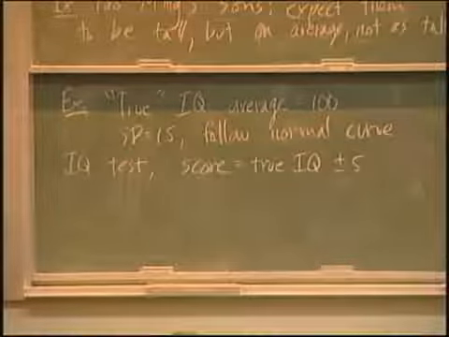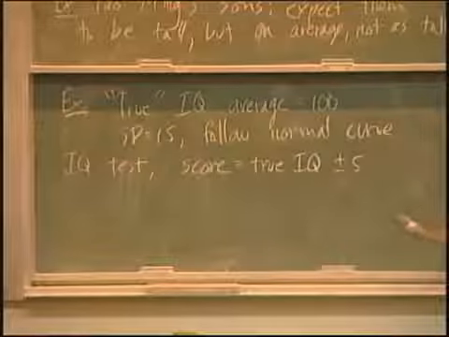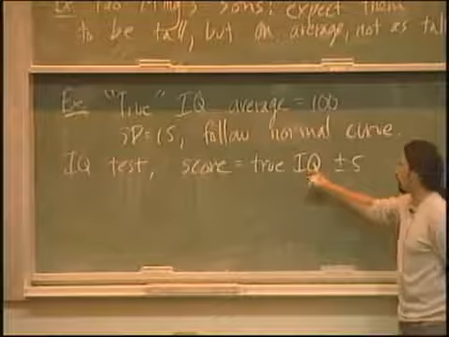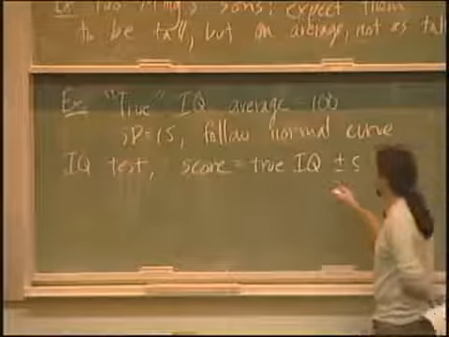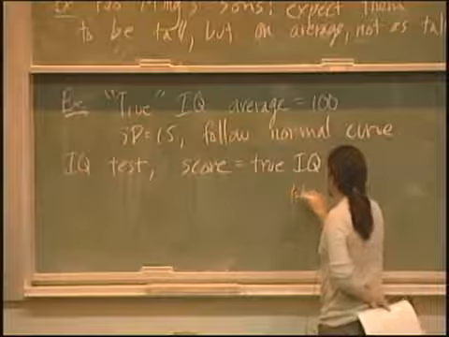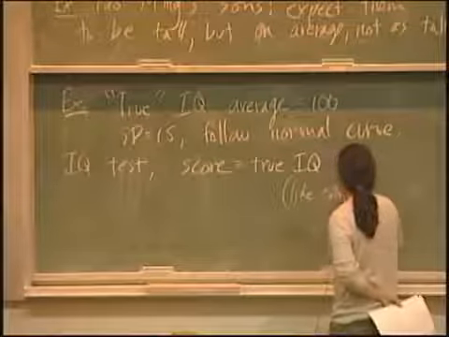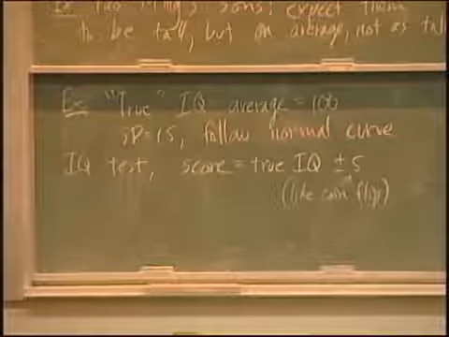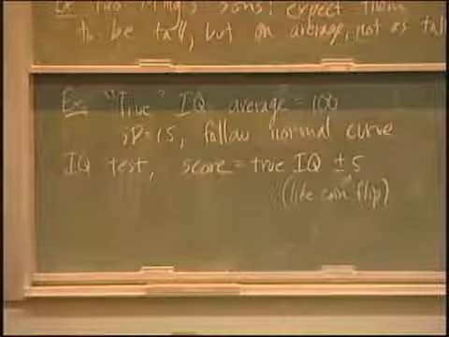But whatever your true IQ is, your score on the test is exactly your true IQ plus or minus 5 points. You can think about this as a coin flip. Half the people get 5 points added to their true IQ. Half the people get 5 points subtracted from their true IQ.